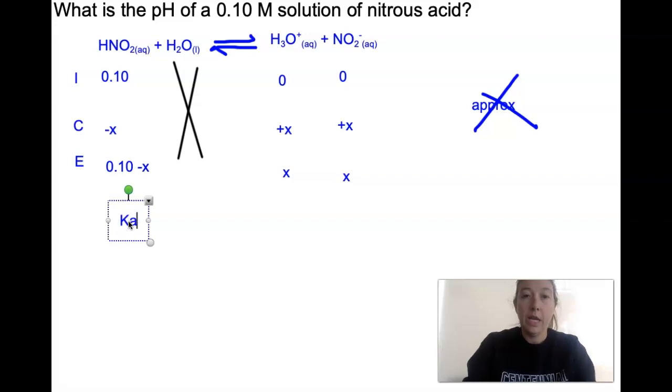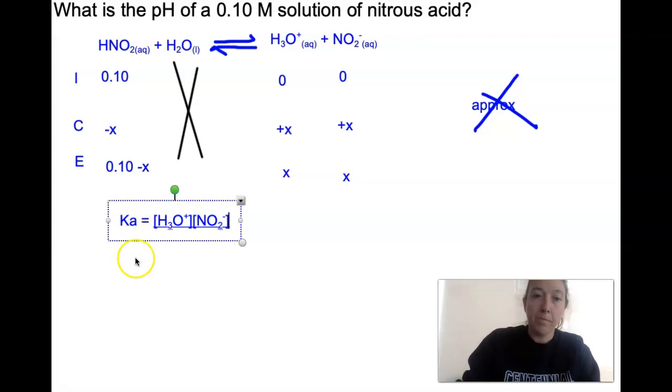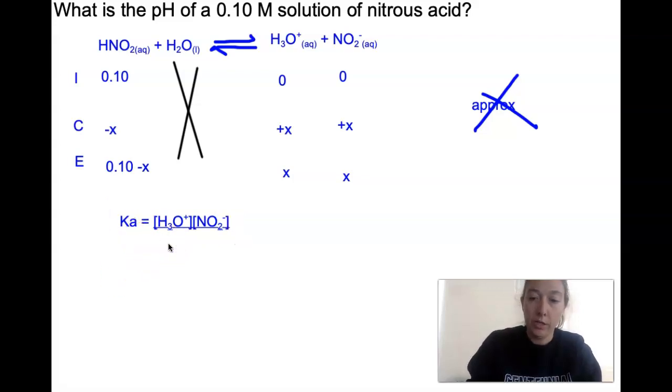So we're going to have that the Ka is equal to the concentration of hydronium times the concentration of the nitrite, over the concentration of the nitrous acid.